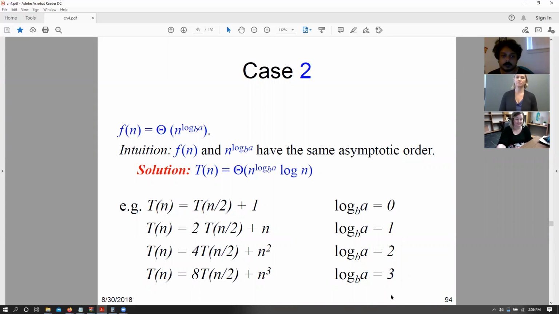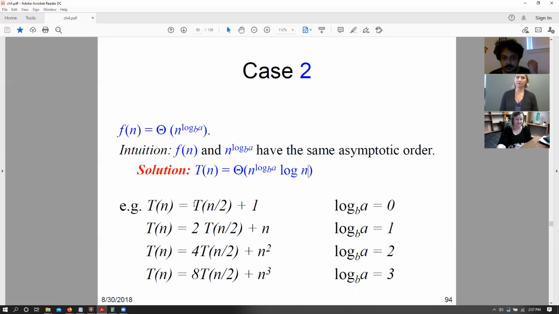Okay. Now let's look at case 2. Remember, case 2 is where we do not add or subtract any epsilon. We are just using the exact number, and that has to be theta of that particular equation, n raised to the power of log base b a. Now, in this particular case, if we can find that this satisfies, then the complexity becomes theta of n raised to the power of log base b a log of n.